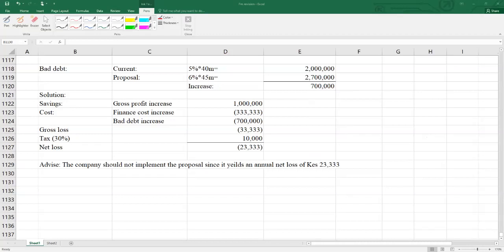The account receivable is the sale you make on credit that you are yet to receive the money for. So the bad debt can never be on the receivable balance. It has to be on the sales you're making on credit.